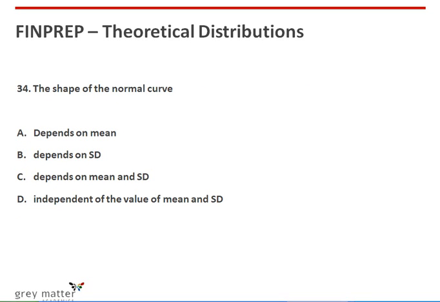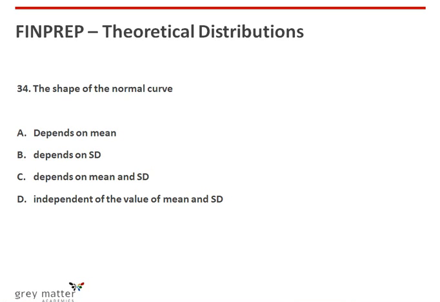34th, the shape of the normal curve, that is the normal distribution curve, is a bell-shaped curve. Going by the formula, out of the given options, the factors involved depend on mean, that is mu, and standard deviation.